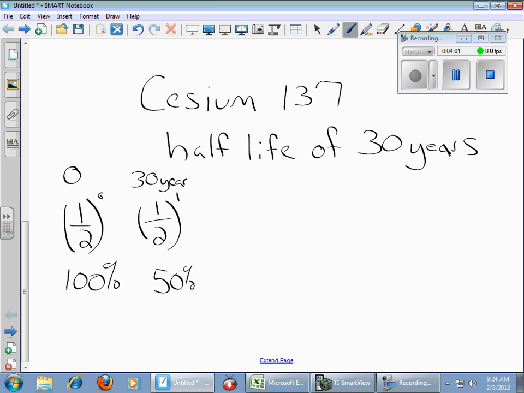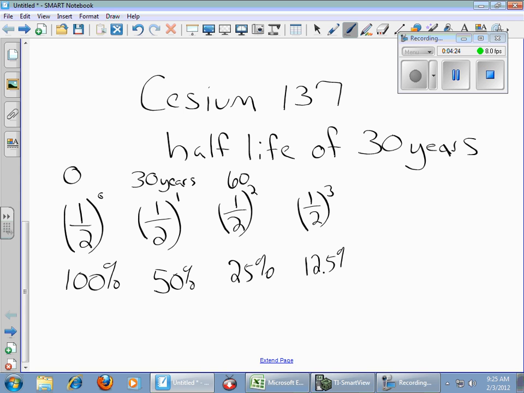So the half-life tells me how long it takes for half of the amount existing to decay. All right, so then when I do 1/2 to the second power, that would be 25%, and we would be 60 years old, right? And then 1/2 to the third power would be 12.5%.